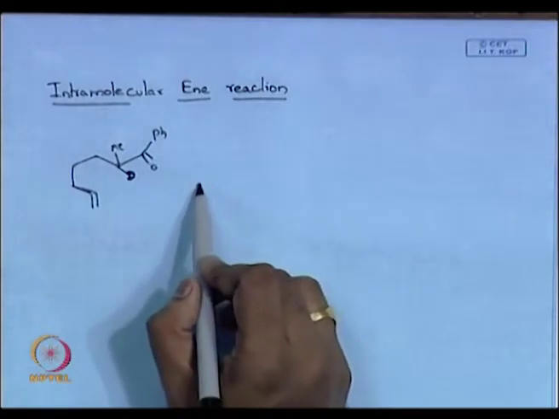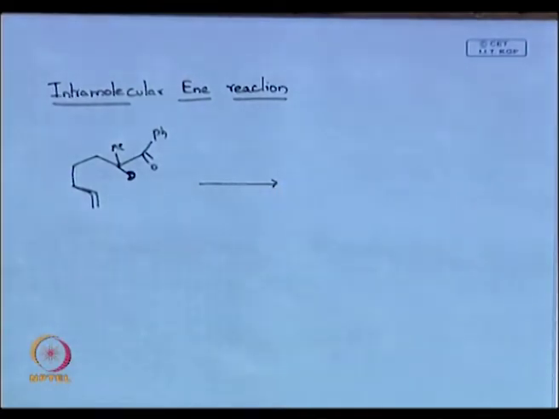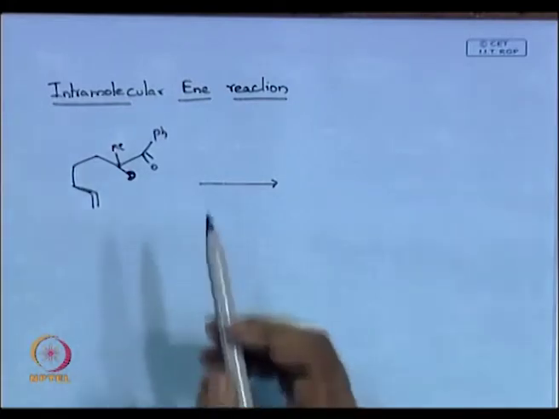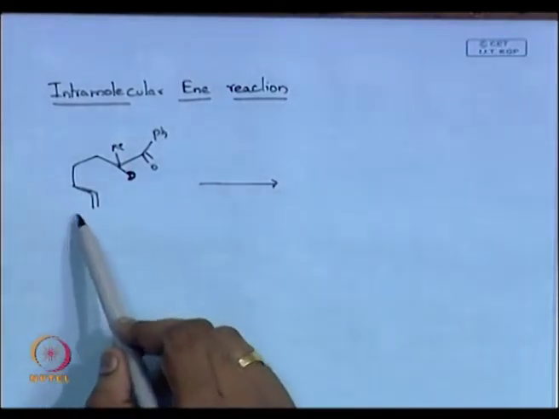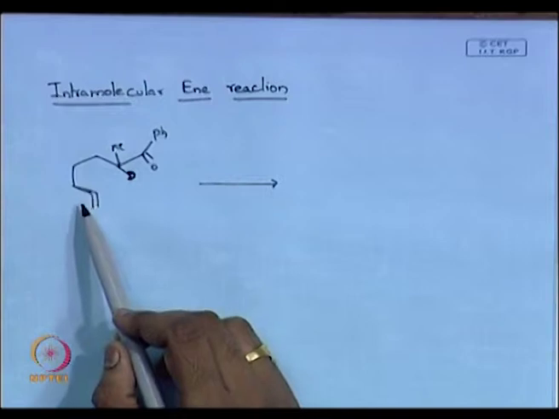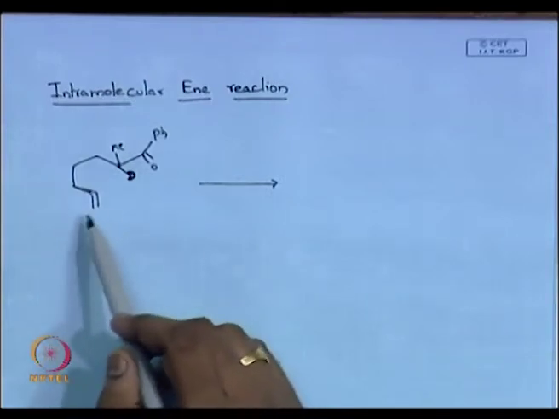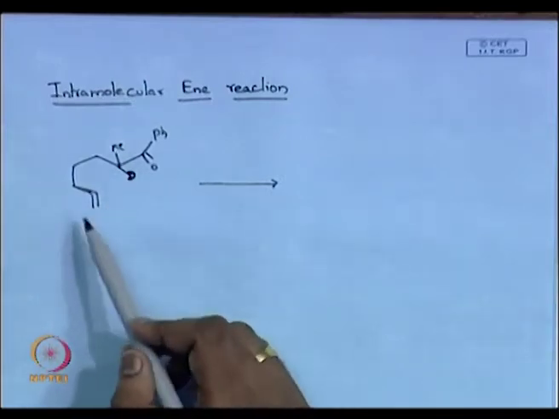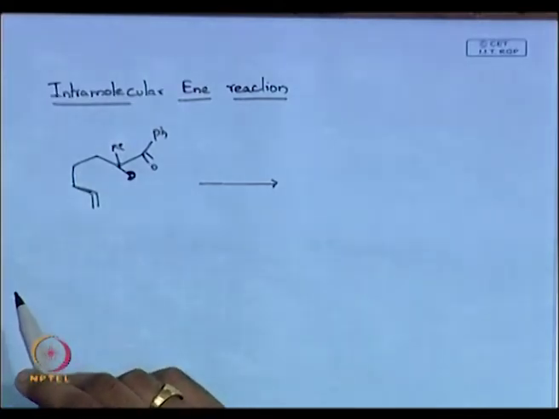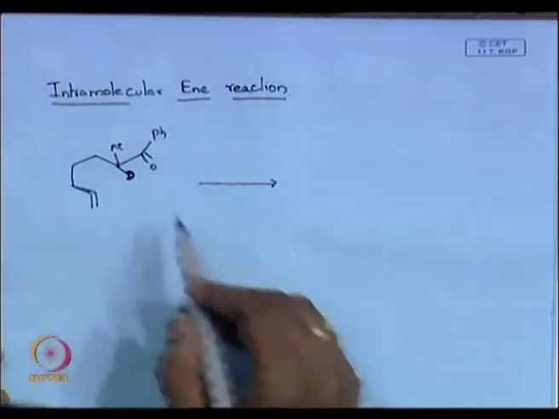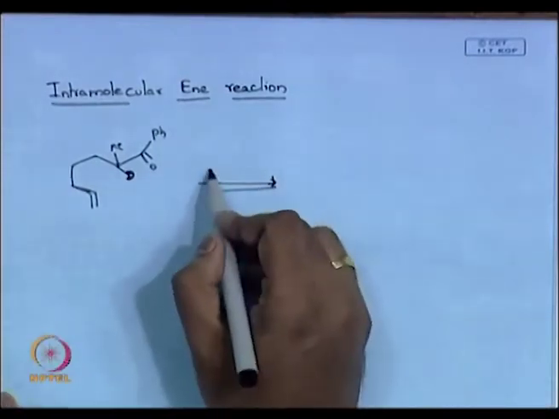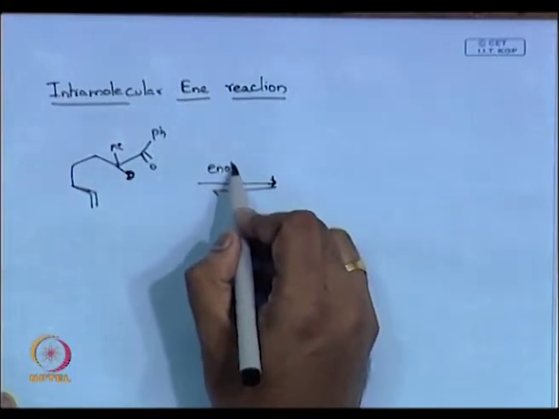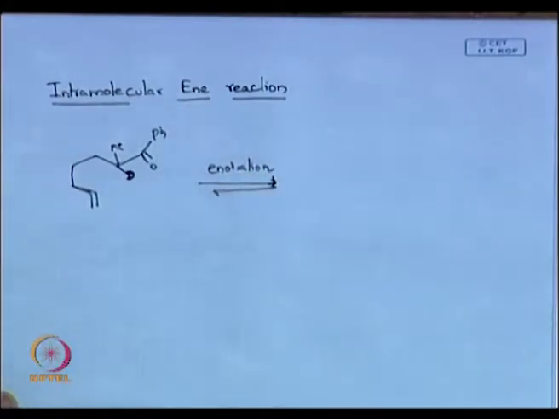If you carefully watch this reaction, what will be your first step? Since today we are talking about the ene reaction, you should know which should be your ene and which should be a dienophile. In this intramolecular ene reaction, the first step is an enolization.